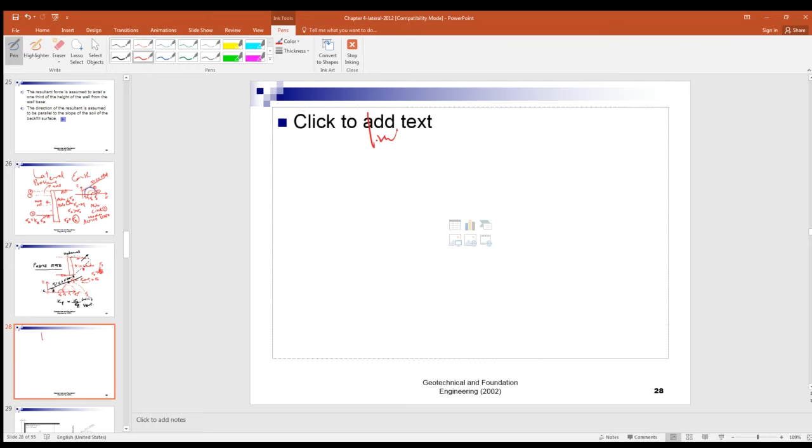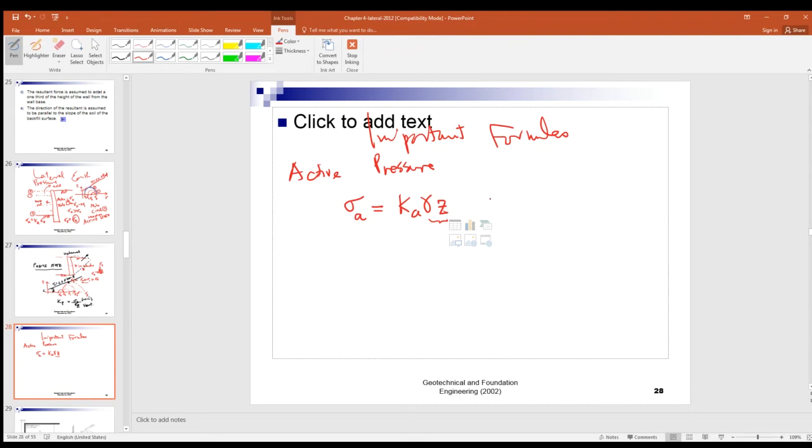Now, important formulas. For active pressure, you got this equation: sigma A for active equals Ka times gamma Z. Gamma Z is the vertical pressure. So you multiply the active pressure coefficient to get the active pressure.